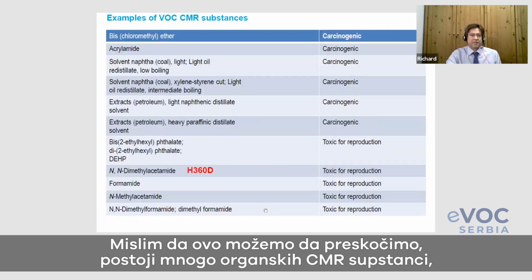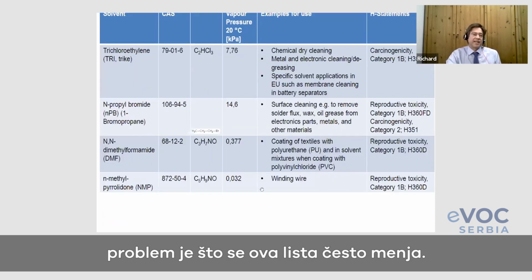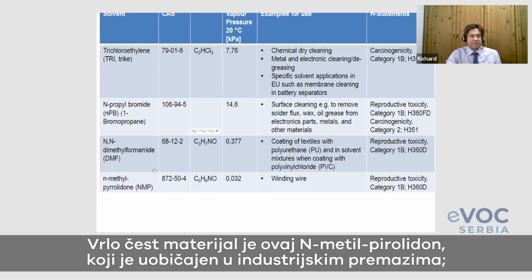I think we can skip this. There are a lot of organic CMR substances. The problem is this list is changing very often. And for example, very prominent materials are N-methylpyrrolidone. That is very common in industrial coatings.